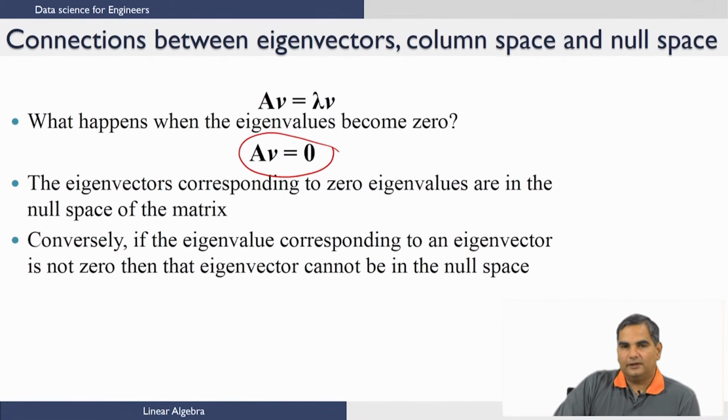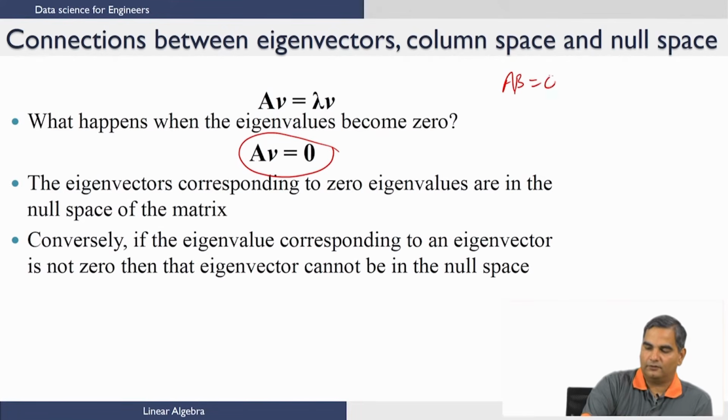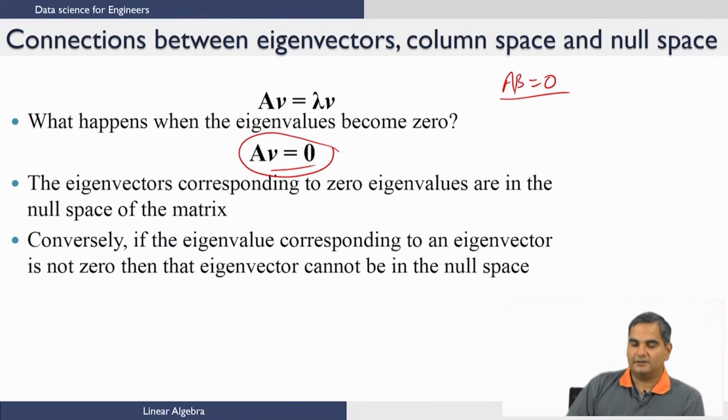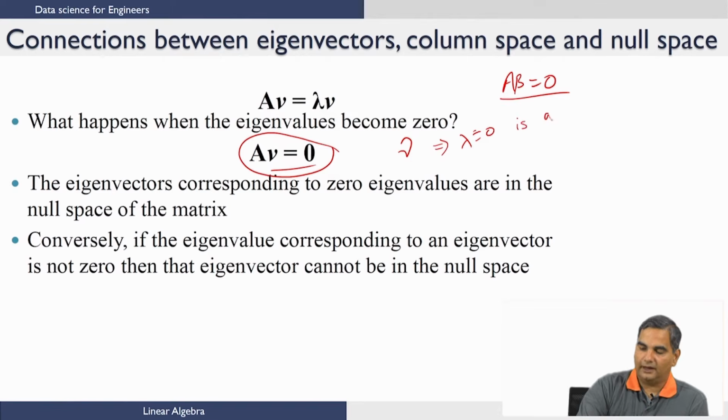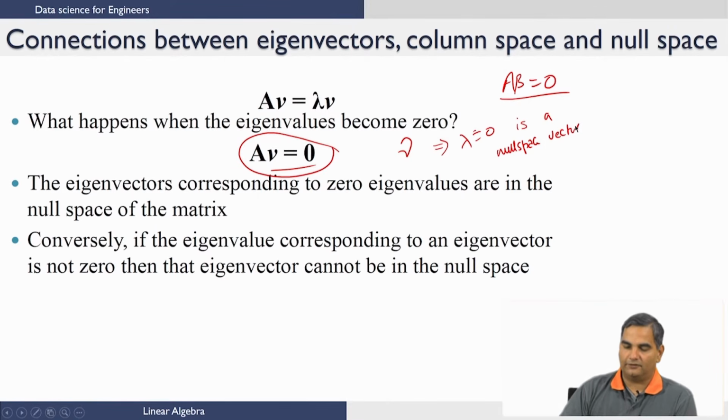We have also seen this equation before when we talked about different subspaces for matrices. We saw that null space vectors are of the form A beta is 0 from one of our initial lectures. You notice that this and this form are the same. So, that basically means that nu, which is an eigenvector corresponding to eigenvalue lambda equals 0, is a null space vector, because it is just of the form that we have here.